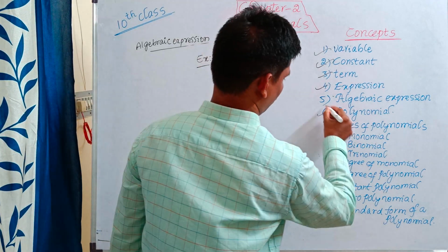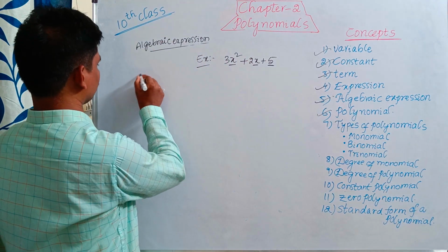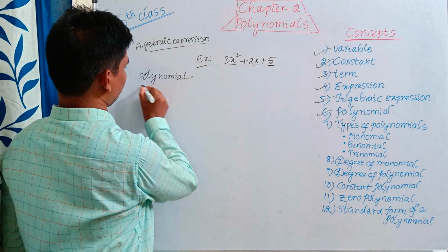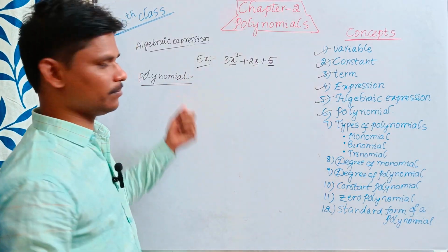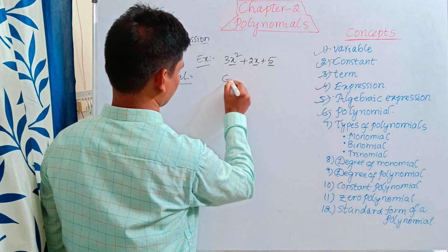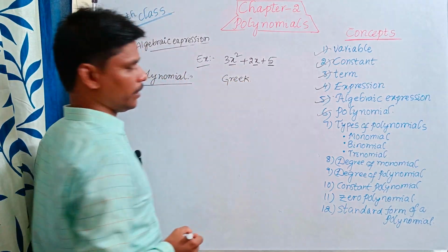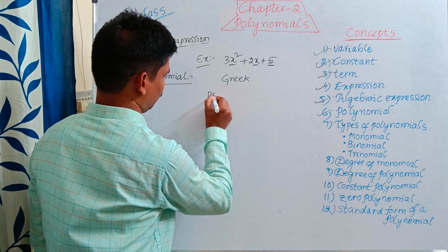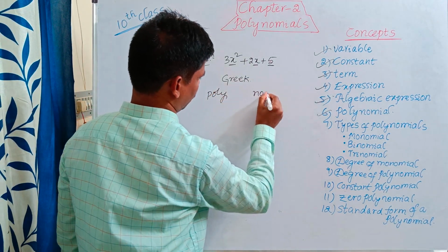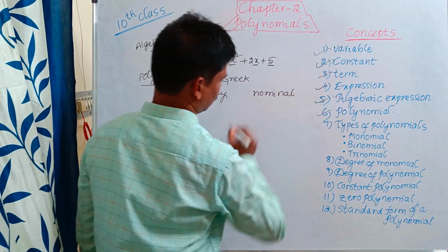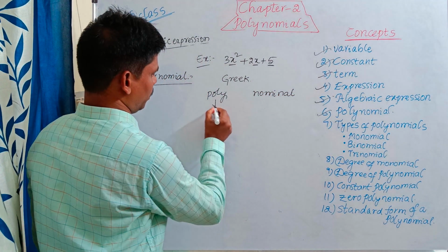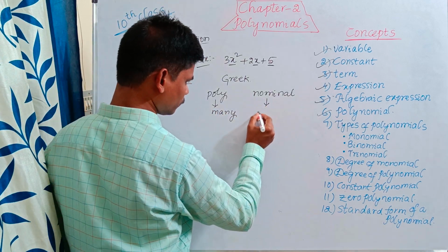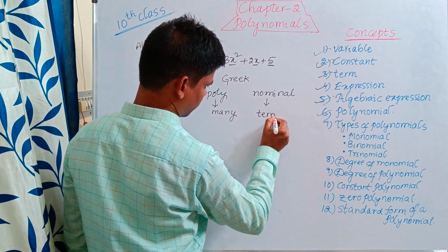Next, polynomial. What is a polynomial? Polynomial is a Greek word. Poly means many, nominal means terms.